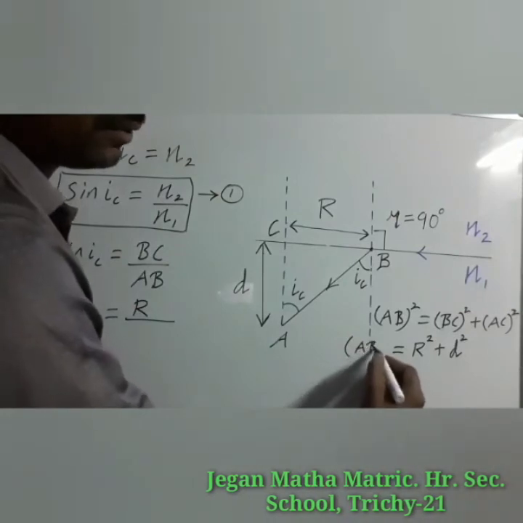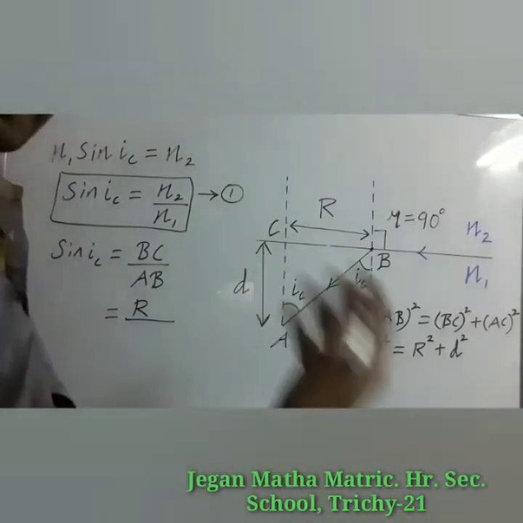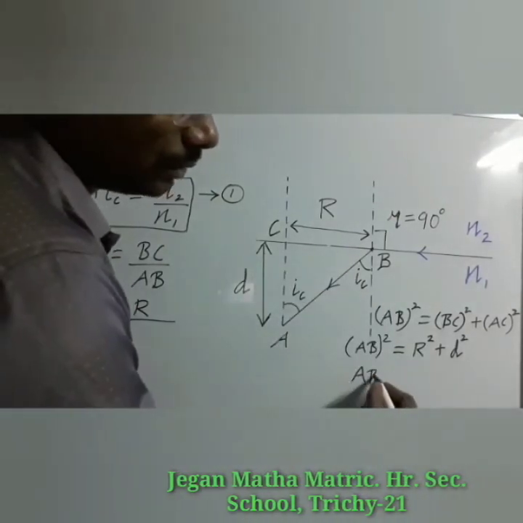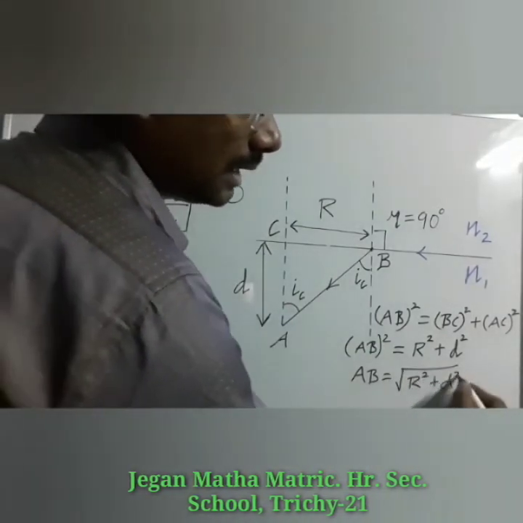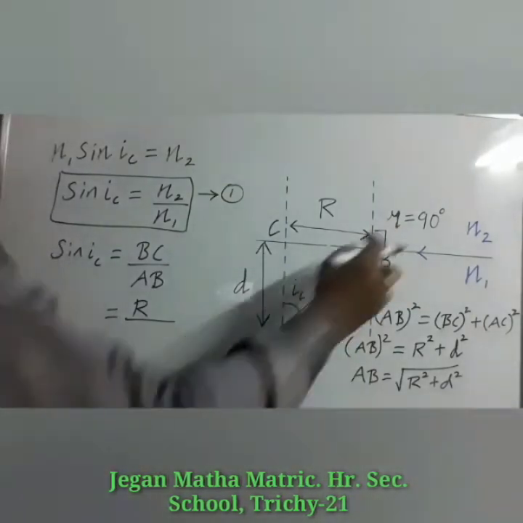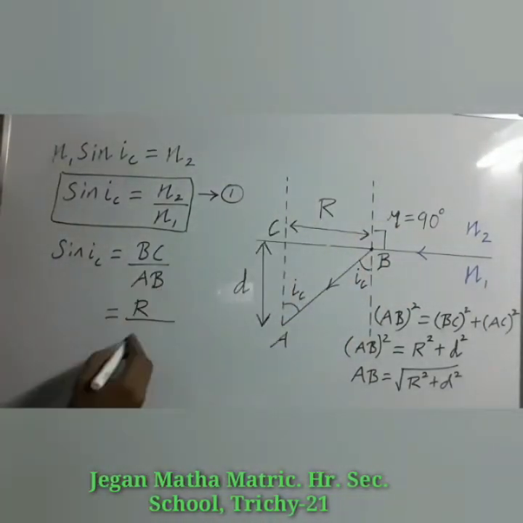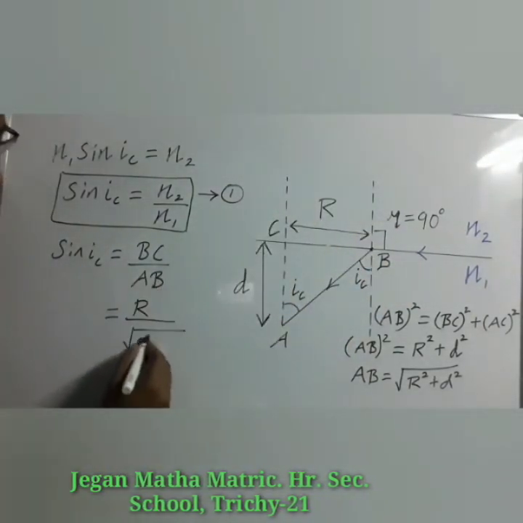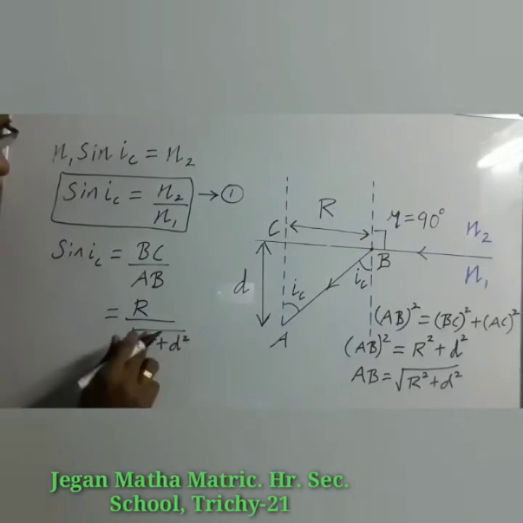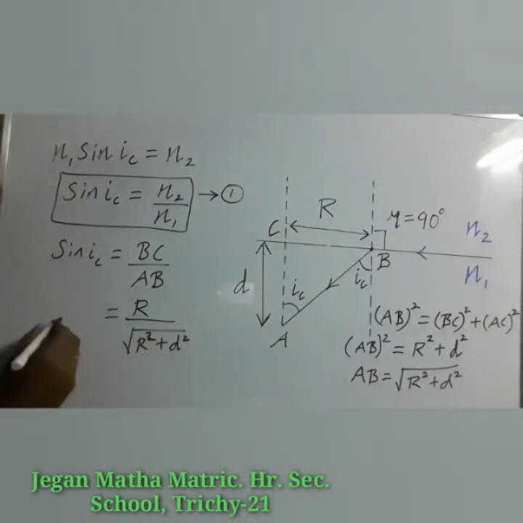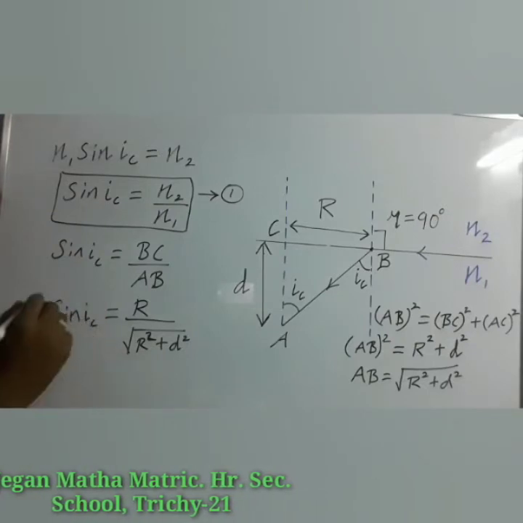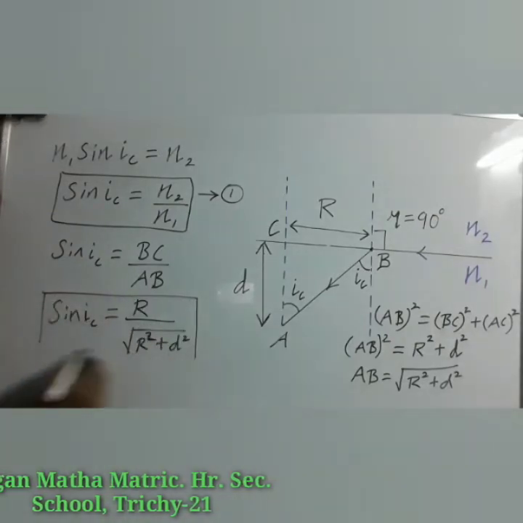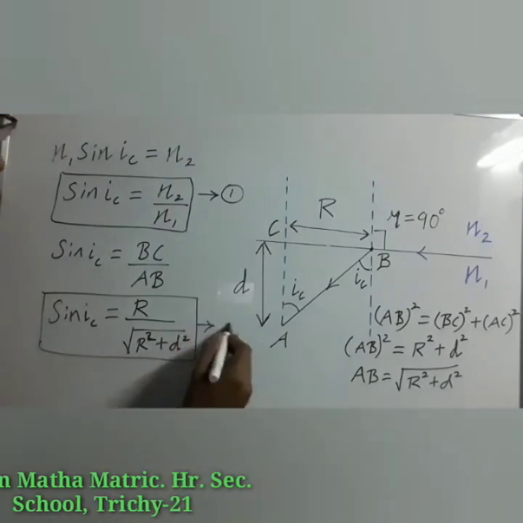Then AB is equal to the square root of R square plus D square. AB is the hypotenuse for this right angle triangle. So instead of AB you can write root of R square plus D square. Here I have found another value of sin IC. So let us take this as the second equation.